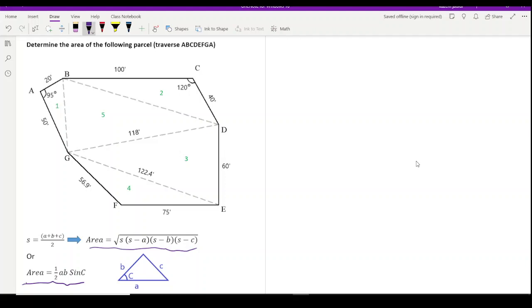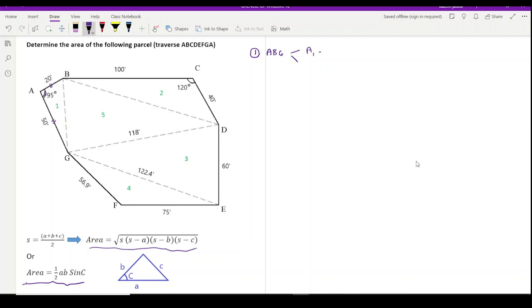Starting from triangle number 1, which is A, B, G, I can use this equation to calculate the area, because we have side AB and side AG, and also the angle between those two.